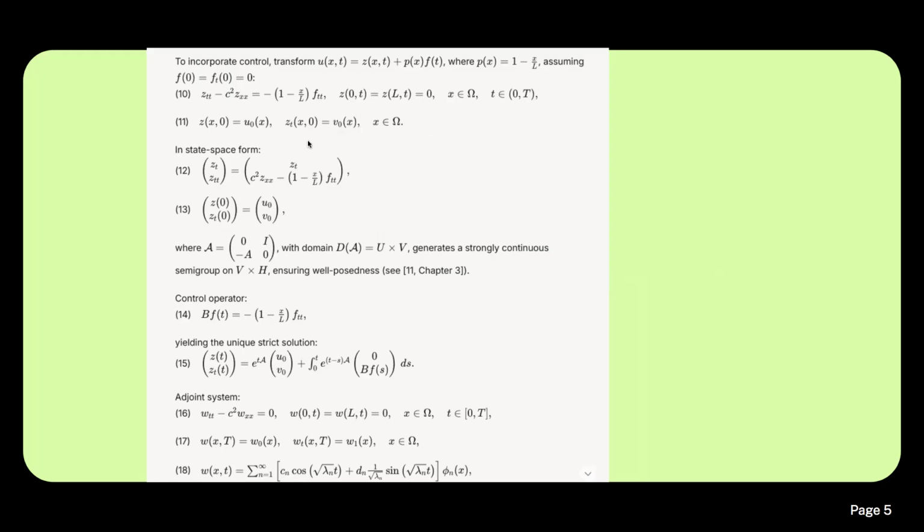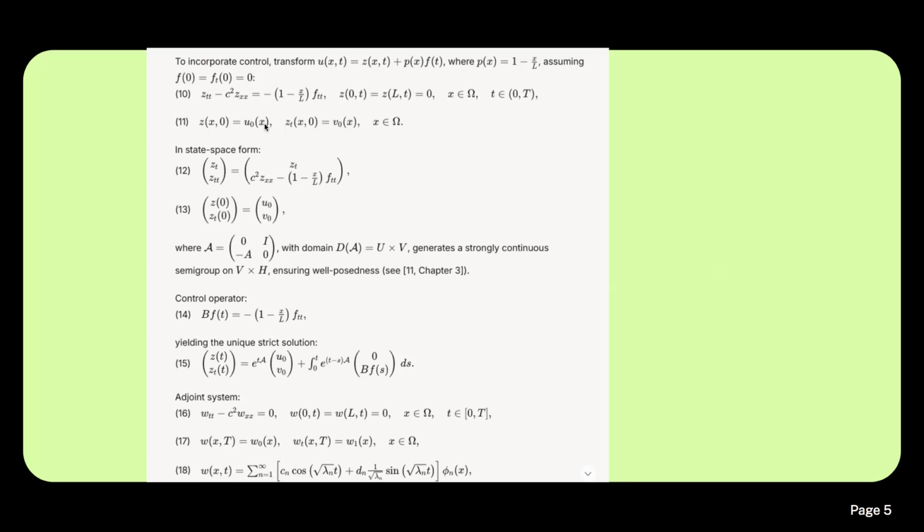Then we introduce system (10),(11) by u(x,t) equals z(x,t) plus p(x)f(t), where p(x) equals 1 minus x over L. Assume f(0) equals 0. We will prove this system is the same as system (1),(2),(4).